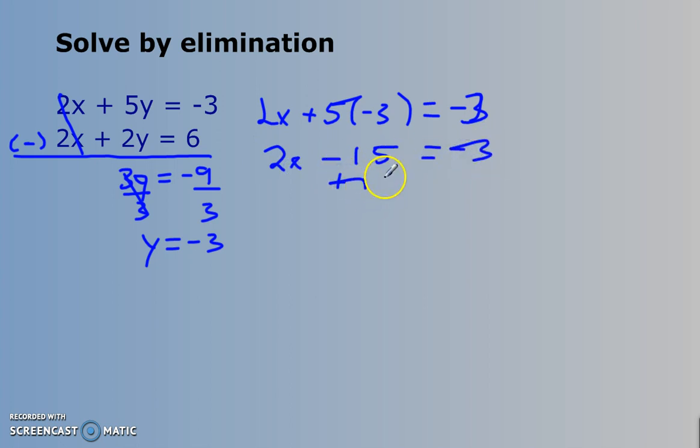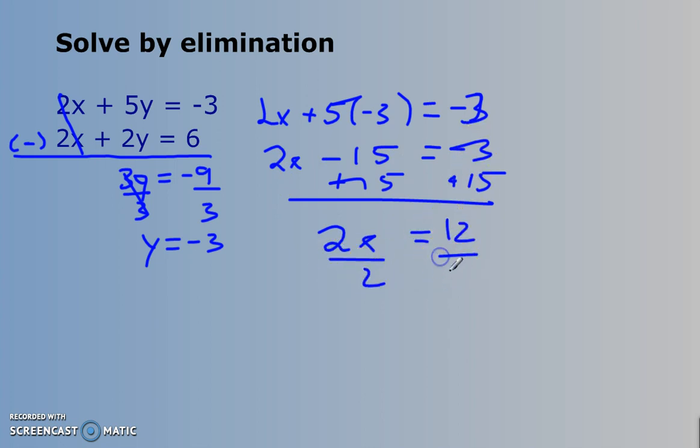Add 15 to each side. 2x is equal to 12. Divide by 2. x is equal to 6. Ordered pair, 6 and negative 3.